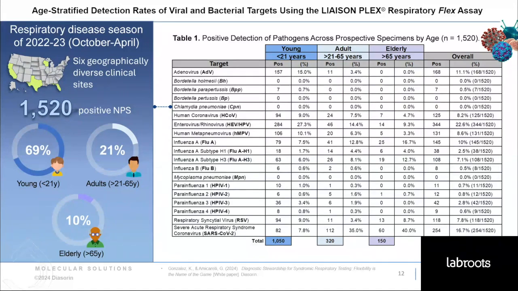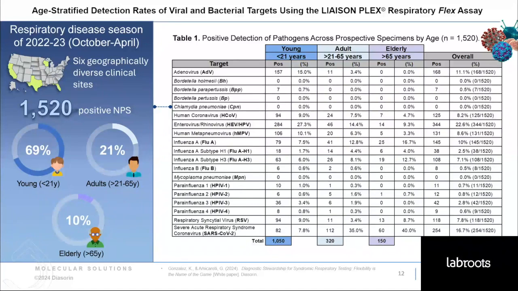The overall detection rate for these targets ranged between 0 and 23%. Most of the positive samples were in the young population, with 69% distribution, followed by adults at 21%, and 10% for the elderly population.